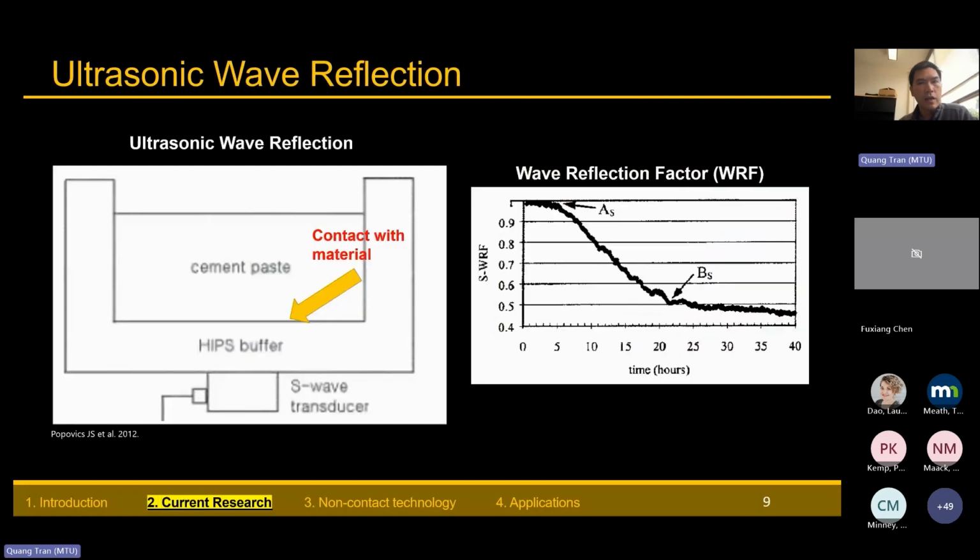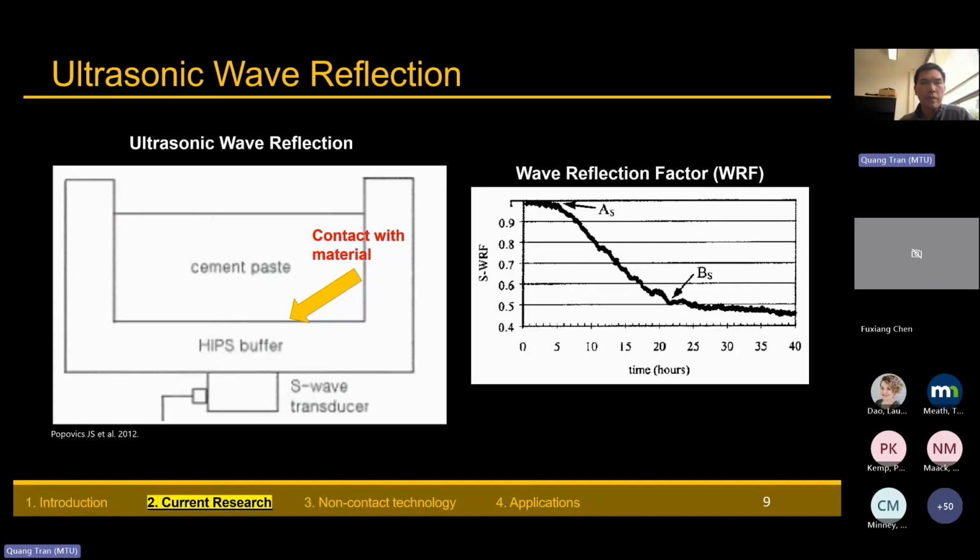Another test that can also be used for determining the set time is called ultrasonic wave reflection. The way it's set up is that they use a mold that they call the buffer here. At the bottom of the buffer, they attach a transducer that generates a shear wave. They put the cement material, or the cement paste, into the mold while it's still fresh.